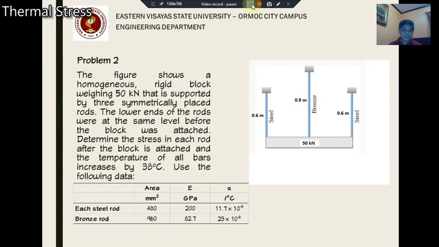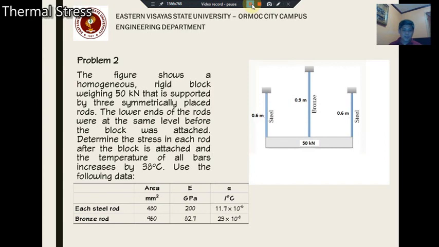For each steel rod, the area is 480 square millimeters. The modulus of elasticity is 200 gigapascal, and the coefficient of thermal expansion is 11.7 times 10 to the negative 6 per degree Celsius.